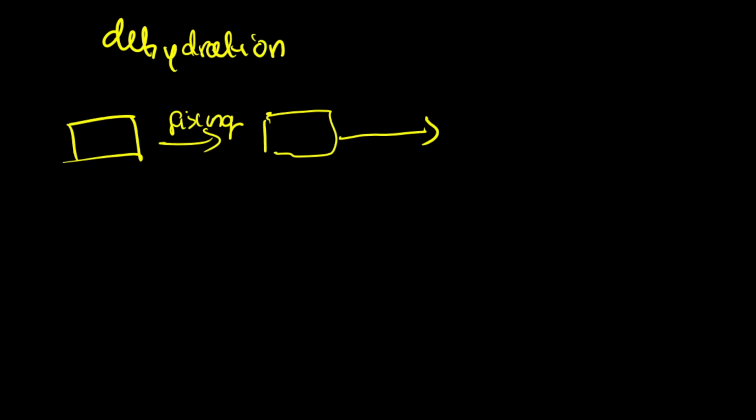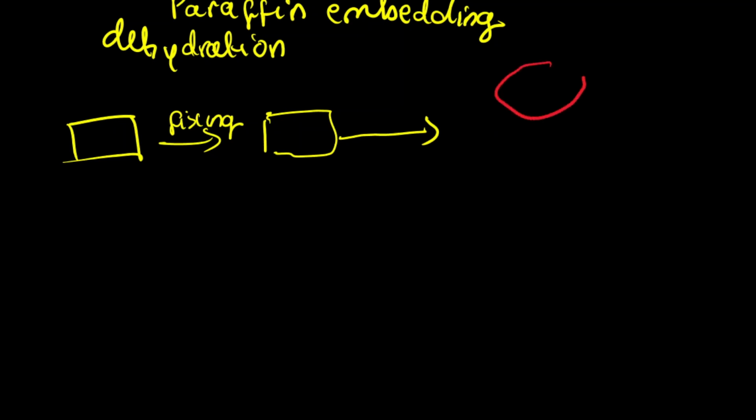Now, dehydration is a step in the general process of paraffin embedding. Remember that all of these steps we are considering are steps in the paraffin technique. Now the paraffin embedding is simply the process of removing all of the water that we have in this cell and replacing all of this water with paraffin.